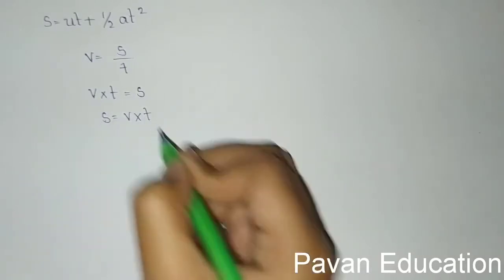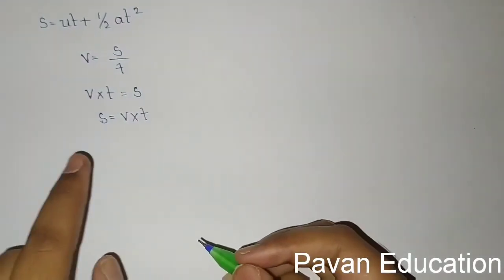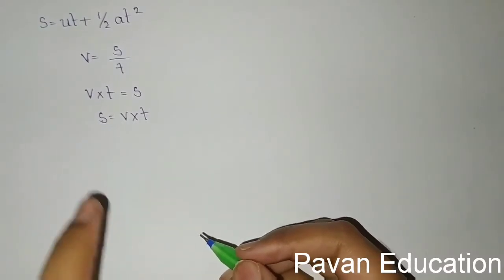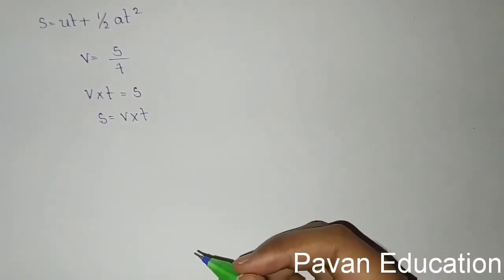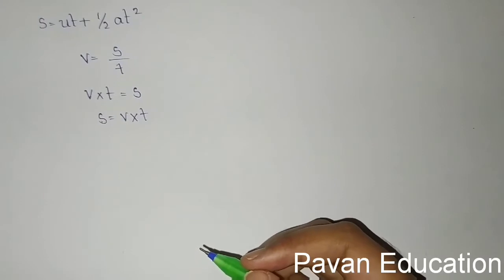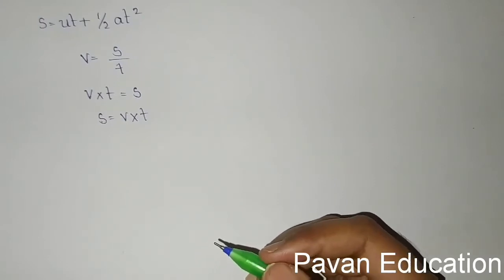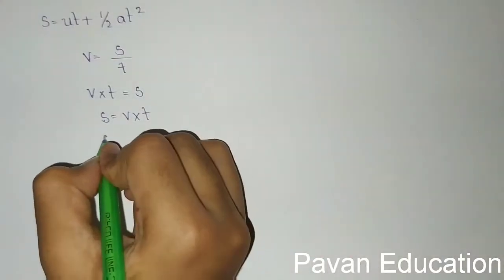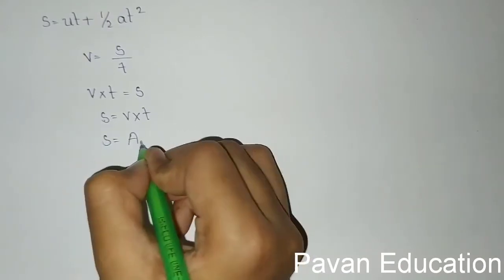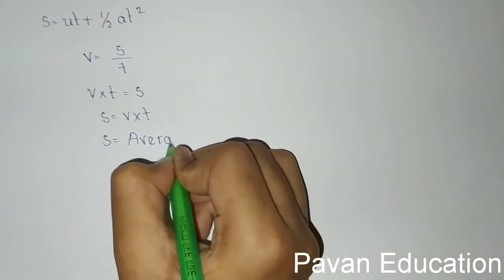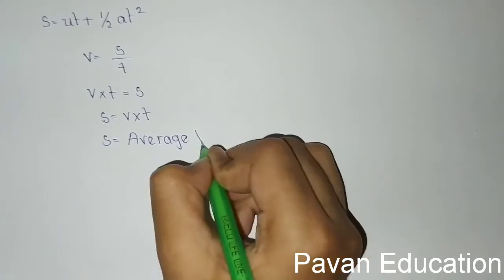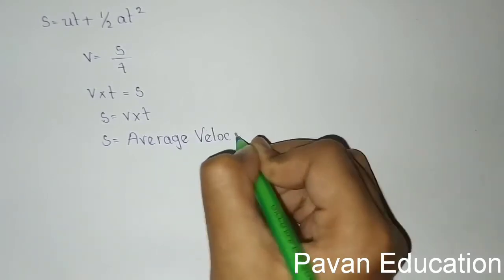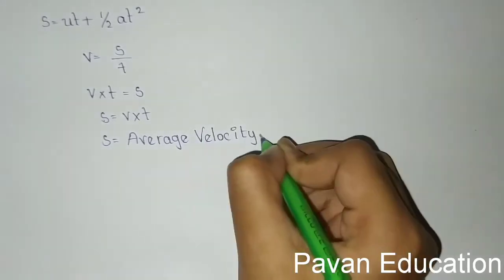If velocity is not constant, the formula becomes displacement s equals average velocity into time.